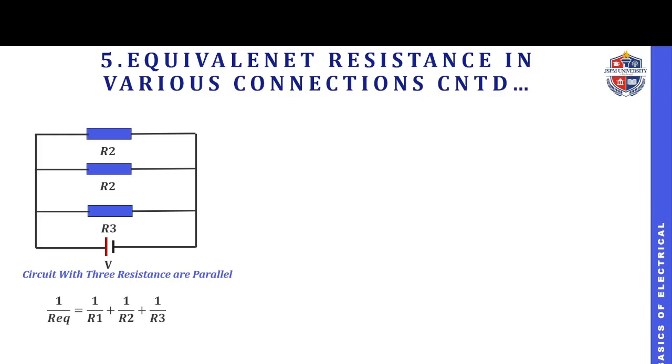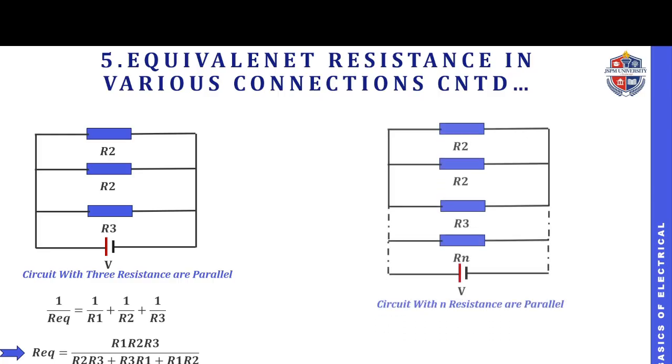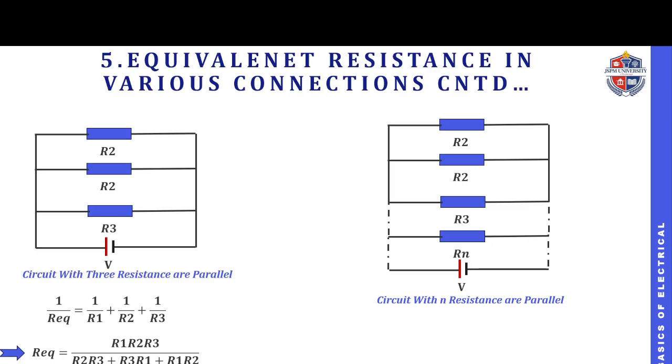Therefore, the final R equivalent is equal to R1 R2 R3 divided by R1 R2 plus R2 R3 plus R3 R1. If n number of resistances are connected in parallel, we can say 1 by R equivalent equals 1 by R1 plus 1 by R2 and so on. One can try with many resistances and find R equivalent after calculating the LCM.